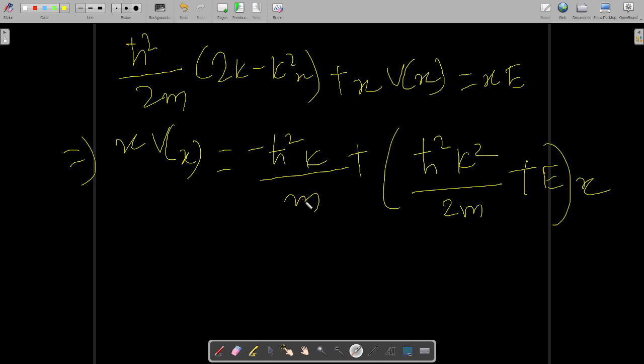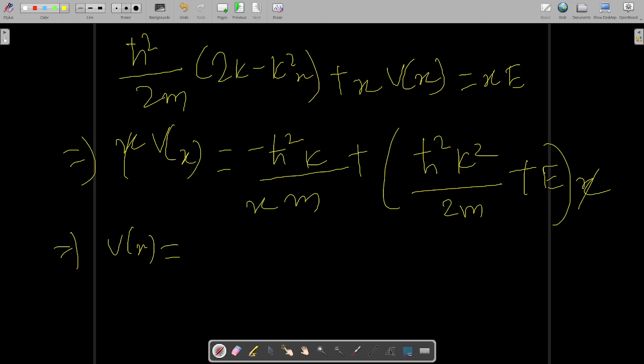So hopefully you are getting it. Okay, so v of x, what have I got? V of x has clearly come out to be... this x will cancel eventually, and over here one x will come, right?